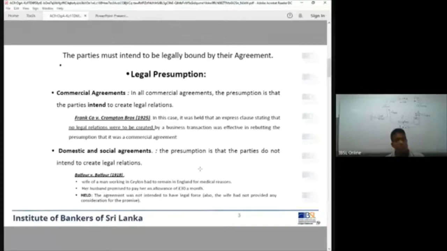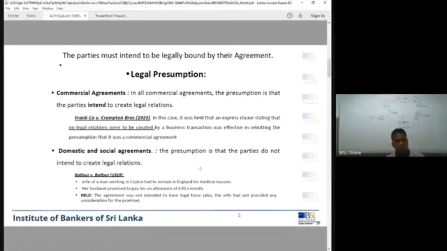But the court will not accept that because the nature of the contract is a commercial contract. It's not a domestic contract. It is not a contract between friends or a social contract. It's a commercial contract.